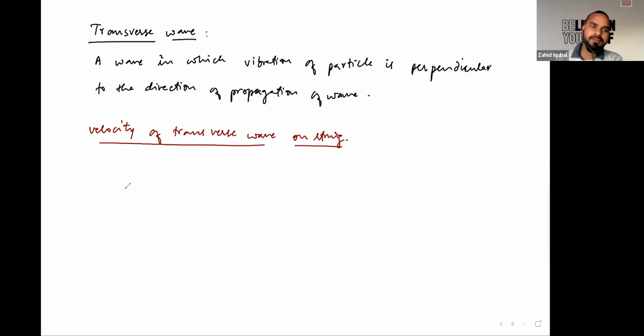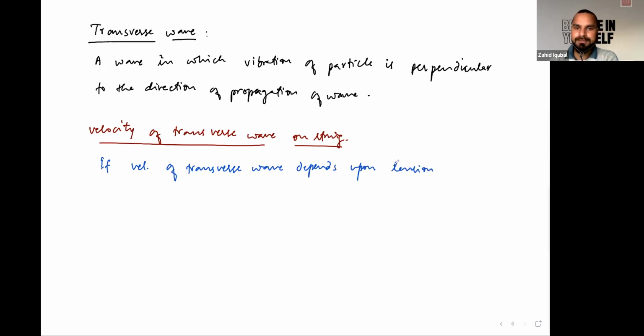Suppose velocity of transverse wave depends upon tension in string T and linear mass density mu.